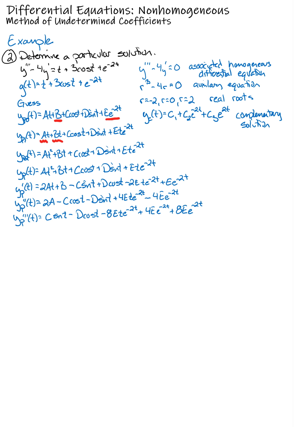Again, I see we can combine those last two terms, so let me erase that and rewrite that. That's going to be plus 12 uppercase E times e to the negative 2t.